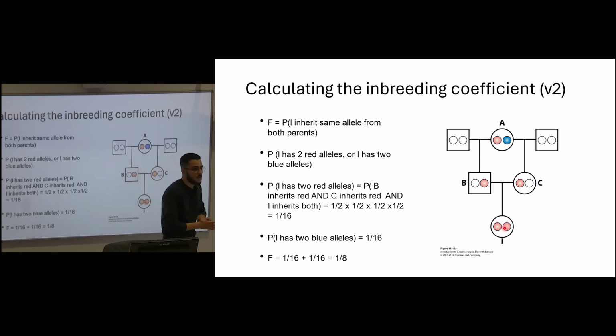Wait, can you repeat that, please? Forget about the first slide. There's a mistake.